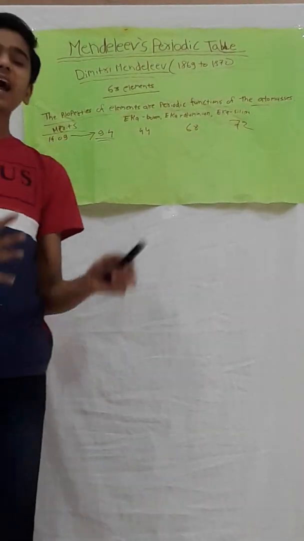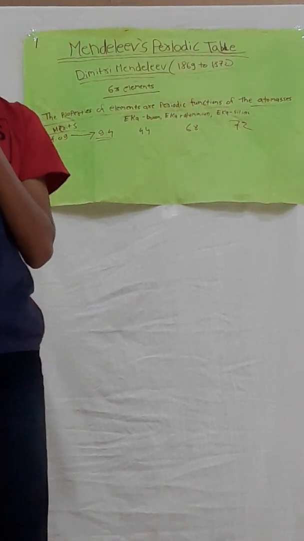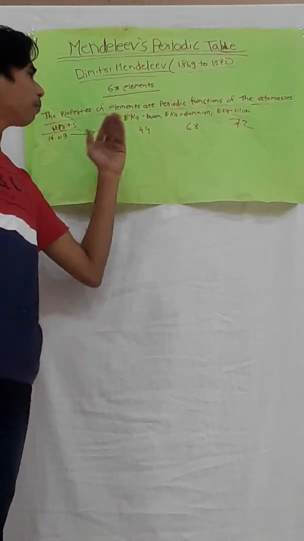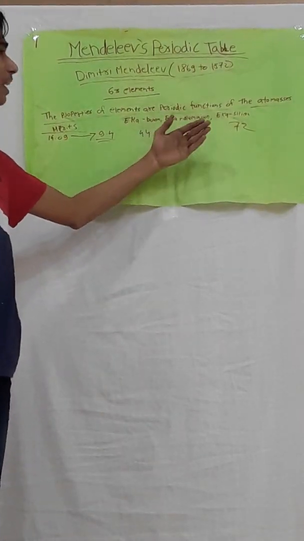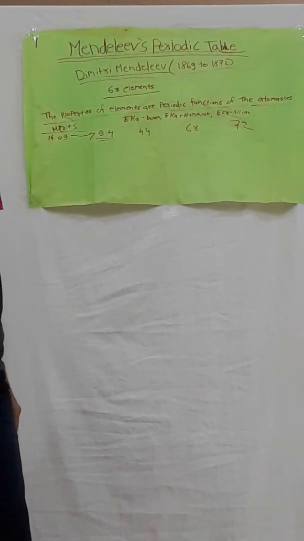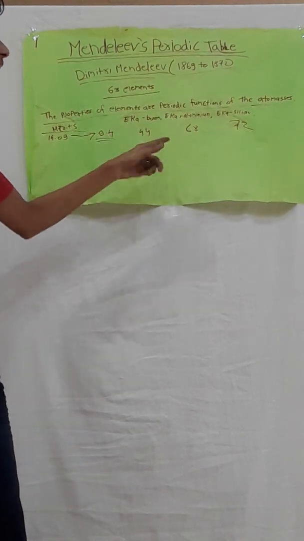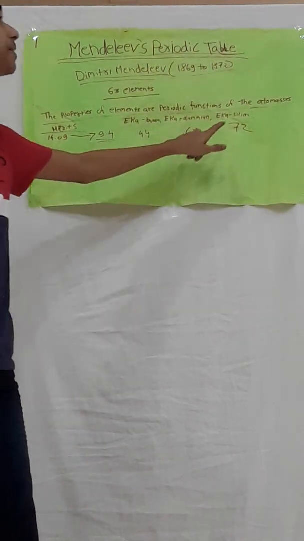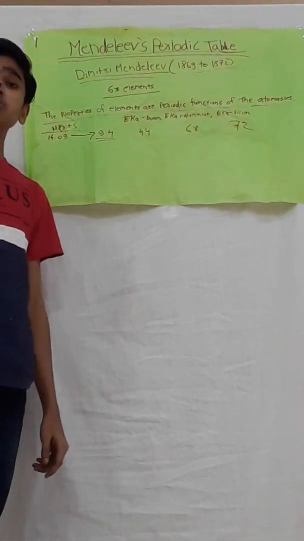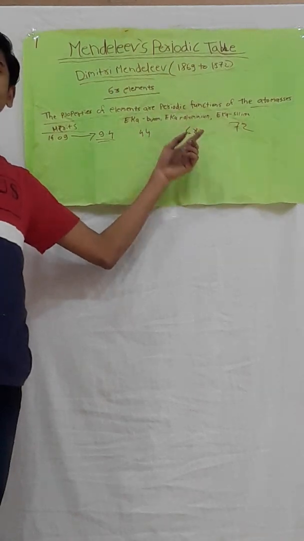Mendeleev kept vacant places in the periodic table for undiscovered elements and gave them the names Ika boron, Ika aluminium, Ika silicon, by their known neighbors, and atomic masses were indicated as 44, 68, 72, and he also predicted the properties of these unknown elements.